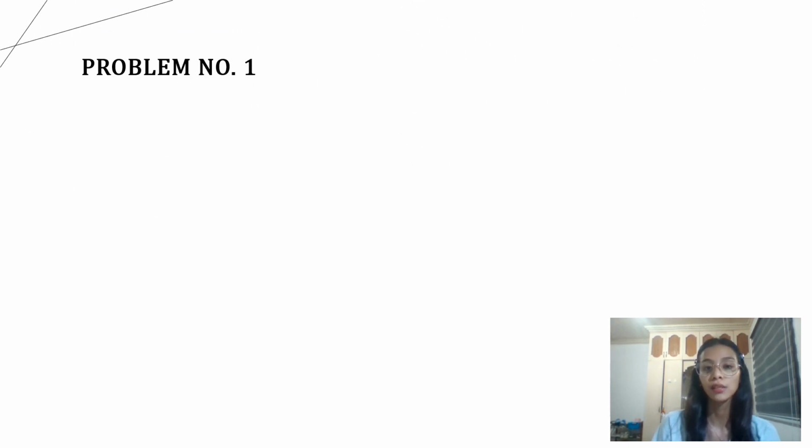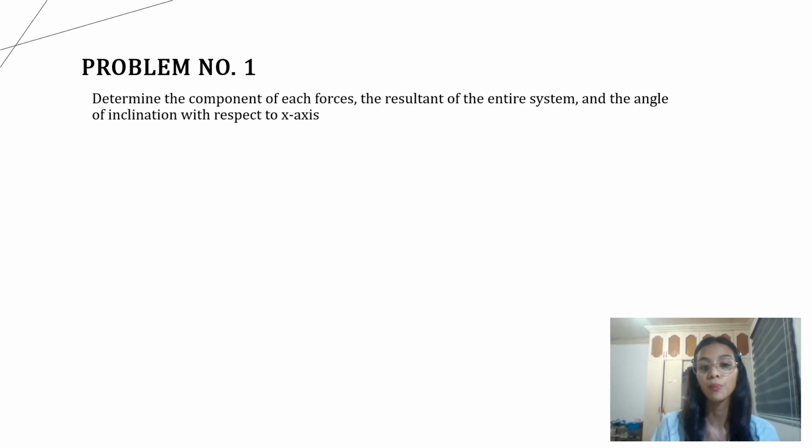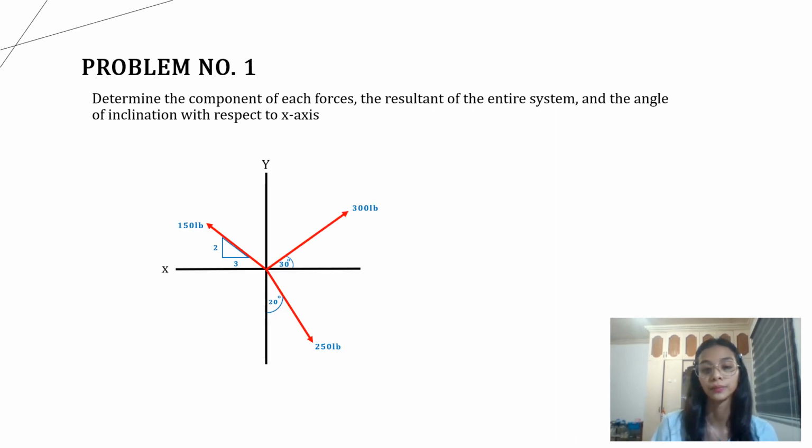Here is a given example or problem that we can solve that says, determine the component of each forces, the resultant of the entire system, and the angle of inclination with respect to x-axis.